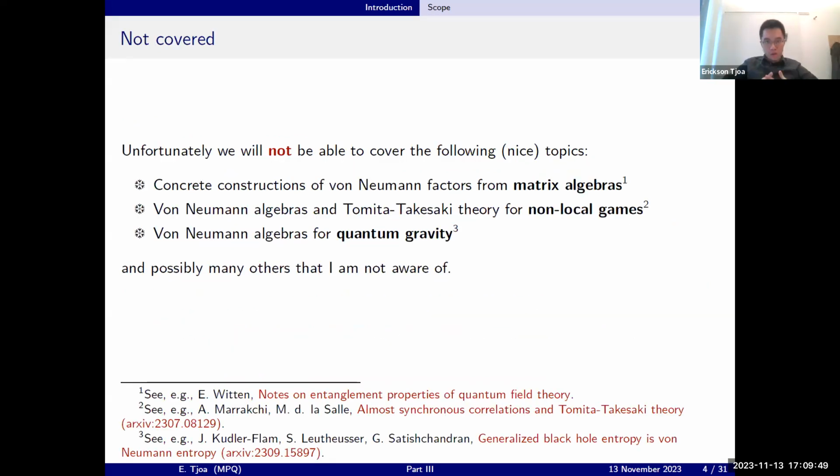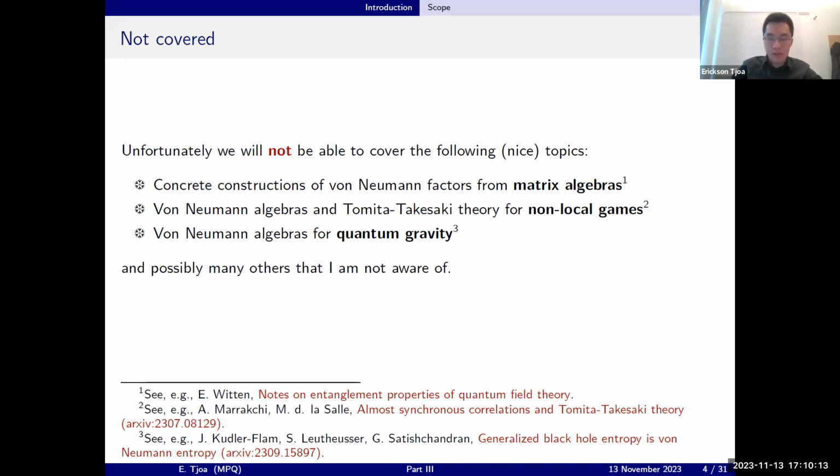Now I'm not going to be able to cover some of these nice topics. For example, the concrete constructions of von Neumann factors. This is done in Ed Witten's papers, but really I don't have time to go through this. But it's very concrete. Then there's also the non-local game stuff that I mentioned. For example, there's one paper very recently talking about synchronous correlations and Tomita-Takesaki modular theory, but I'm not qualified to talk about this.